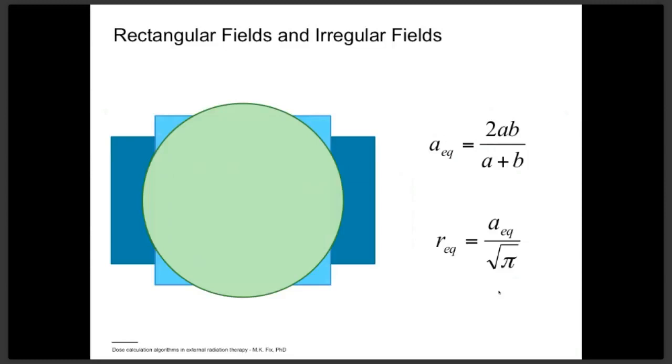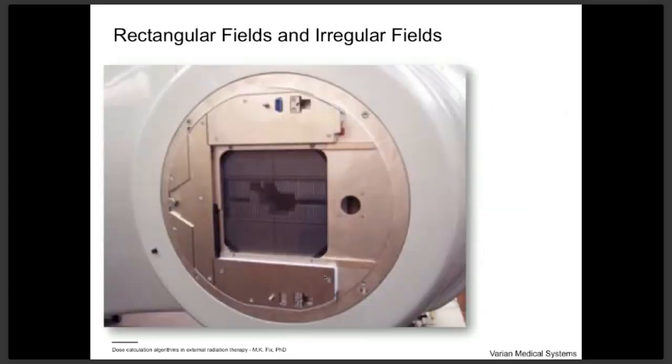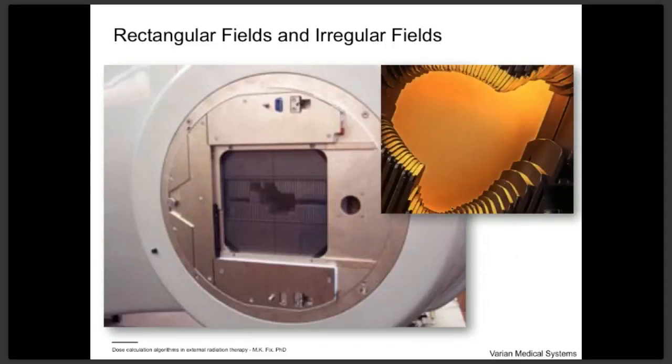But even if we can now switch between circular, rectangular, and square field size, typically we have irregular field sizes formed by MLCs, shown at the LINAC here, or the typical image of the MLC shaping an arbitrary irregular field. We need to have a mechanism for how we can take those irregular shapes into account.